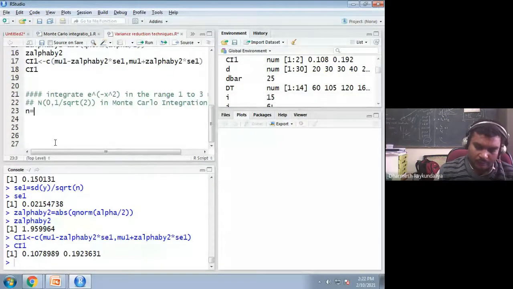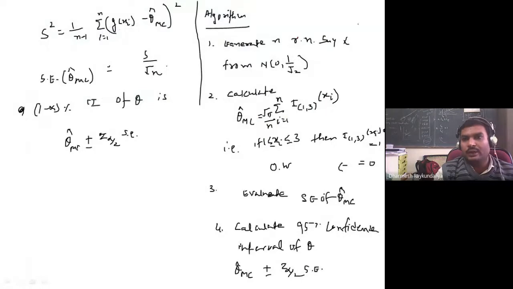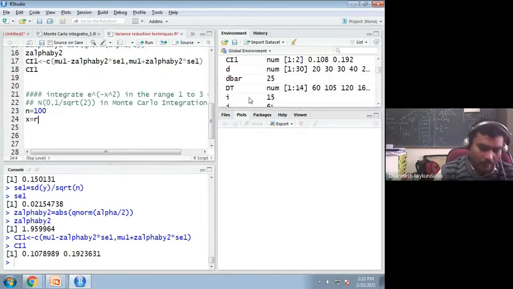So n, let us say, I wish to generate 100. So x is nothing but, I know that I have to generate x from normal 0, 1 upon root 2. So rnorm, how many n I wish to generate, what is the mean, 0, what is the variance, 1 upon square root of 2.